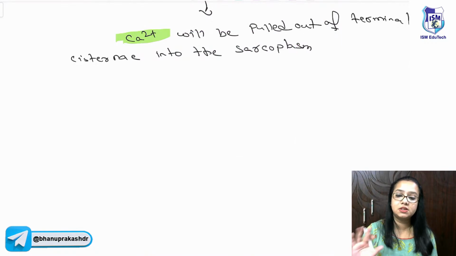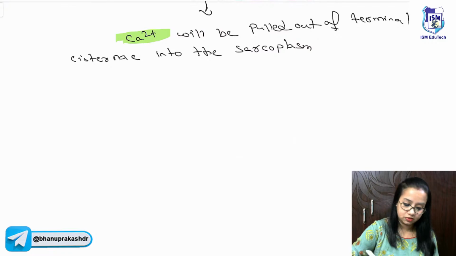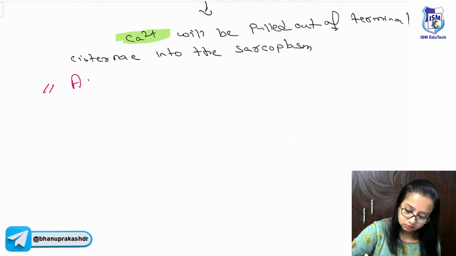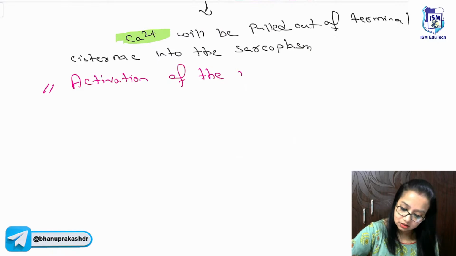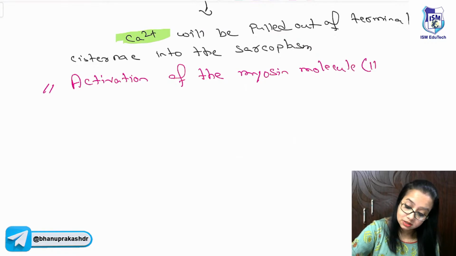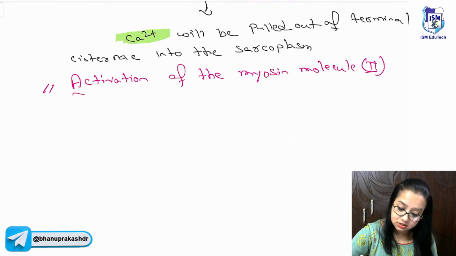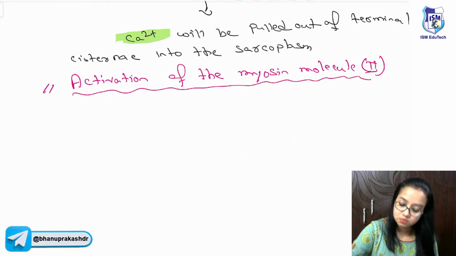Now step by step things will happen simultaneously. So first we will see activation of the myosin molecule. Which myosin molecule? The subtype 2, because in skeletal muscle this is what is present.